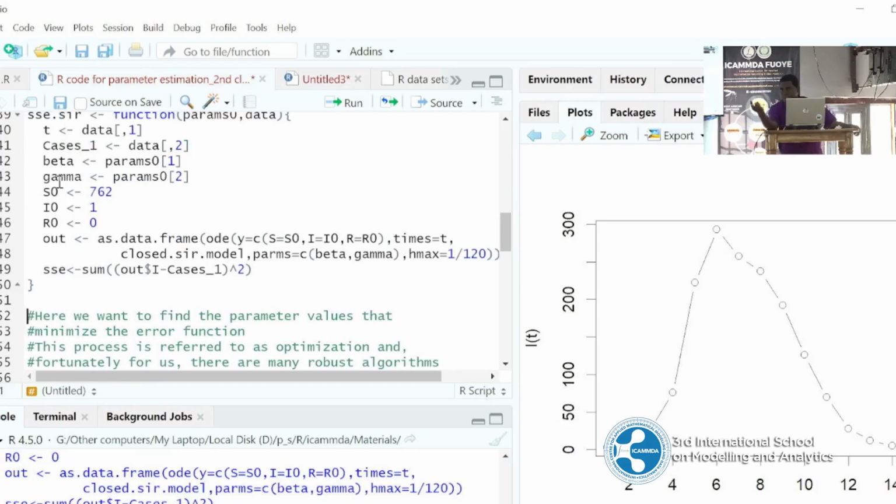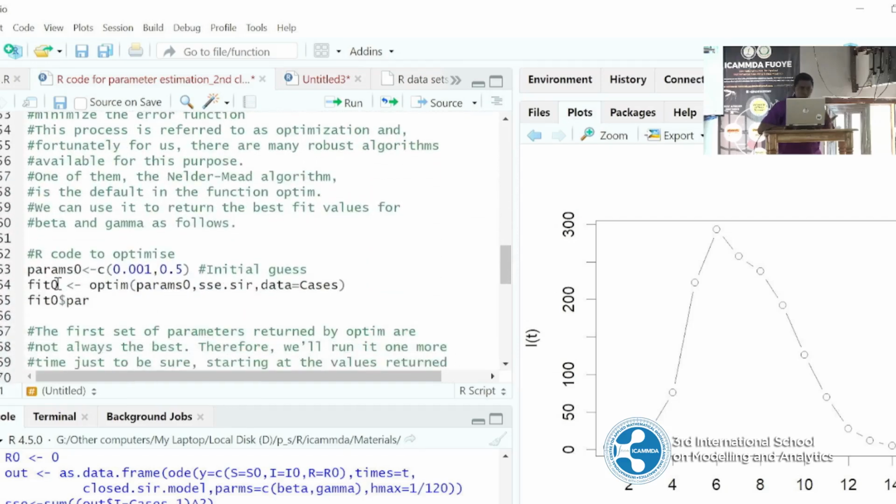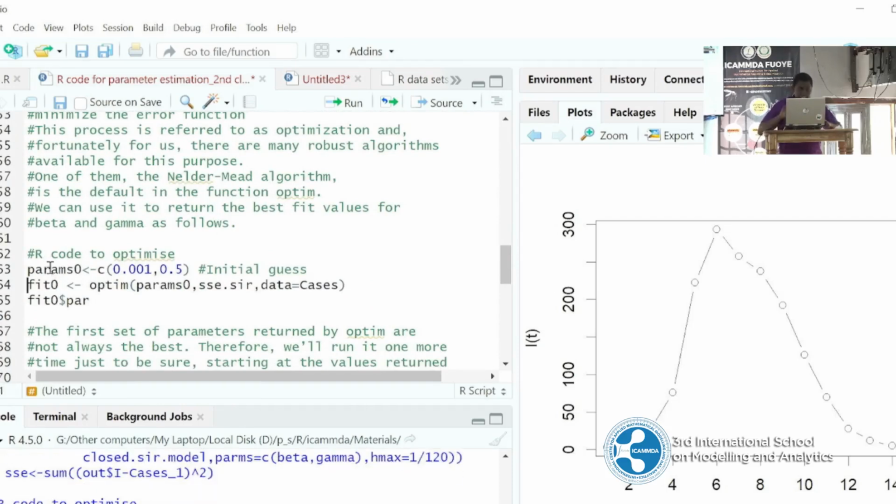So the number one thing that we did was to bring in our data. Number two was to define our model. Number three was to define our error function. And then the number four thing that we do now is to write our algorithm, which again I run here.